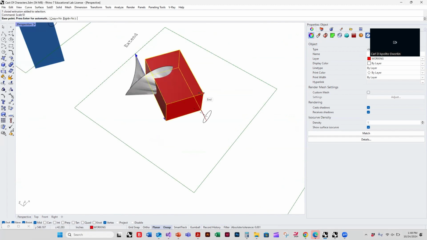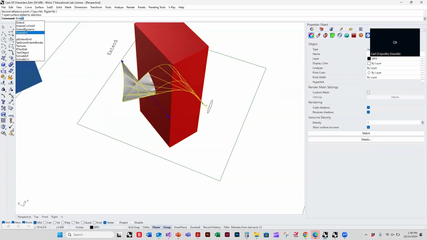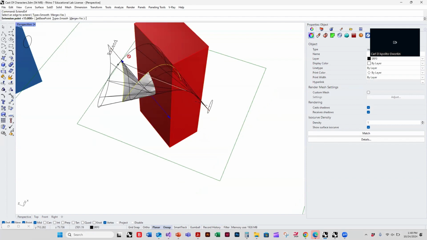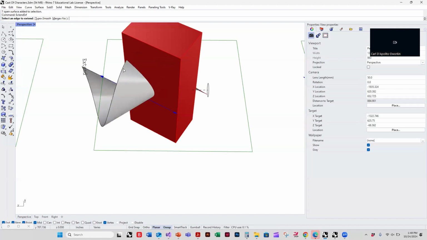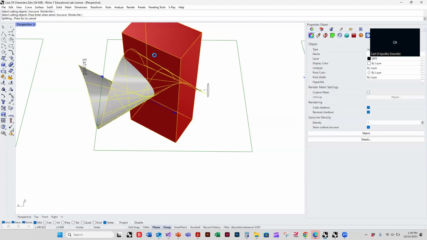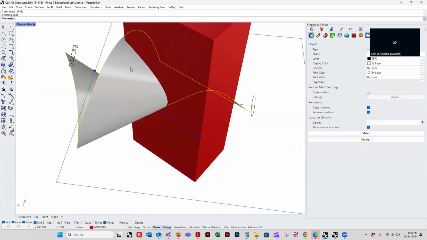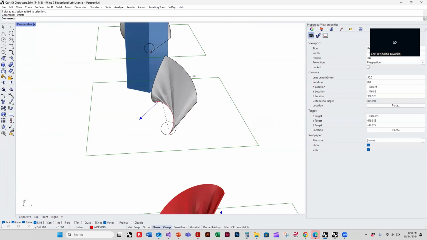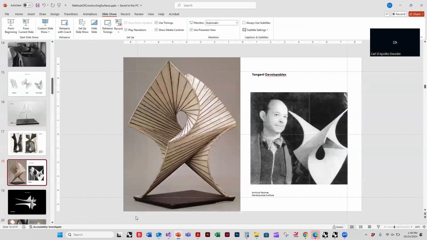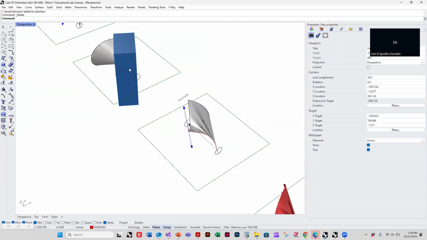And that box is extended, and then this thing is extended, and then this is split with the box, like that. So it has these funny triangular ends.